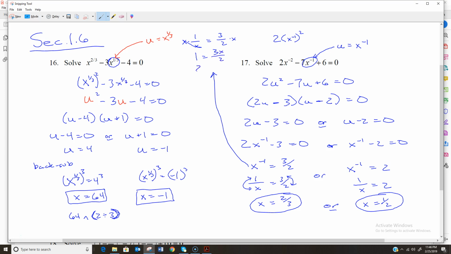Multiply both sides by 2, you get 2 equals 3x. Divide by 3, and you get 2/3 equals x. Just like we had down here. So if you like that way better, you can use that. I just like this way because it's quicker, and honestly it makes more sense to me.